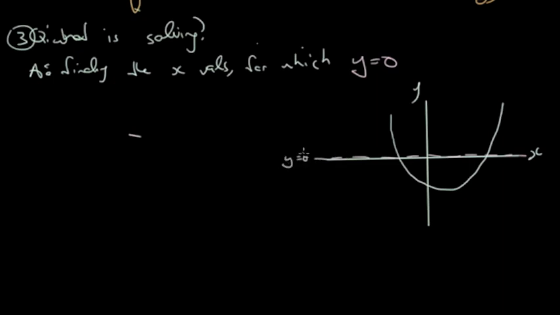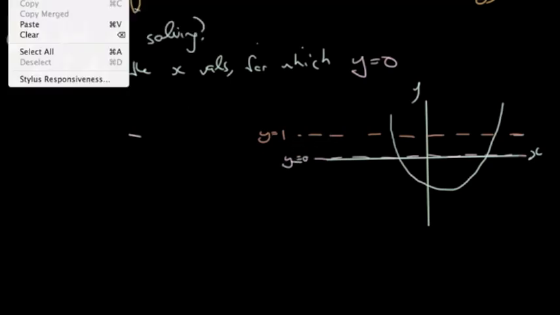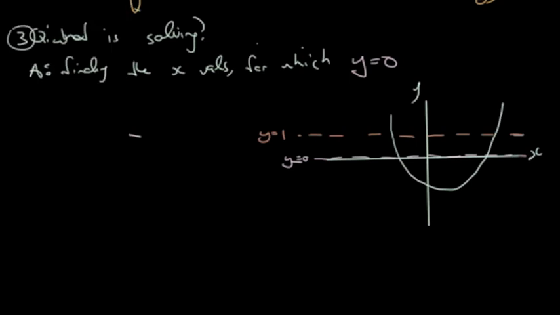All along this line, y equals 0. But what we're really concerned with is when y equals 0. So that's what we care about. These are also called the roots. So in this case, it's going to be that point there and that point there.